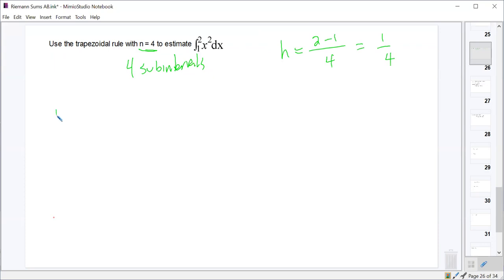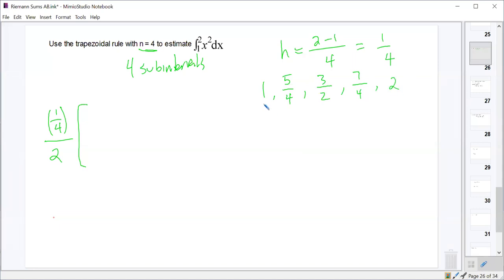So the trapezoidal rule then says h divided by 2 times the first y value. The first y value is the value at 1, and then I'm going to have a value at 5/4, and I'm going to have values at 3/2, and a value at 7/4, and a value at 2, right?